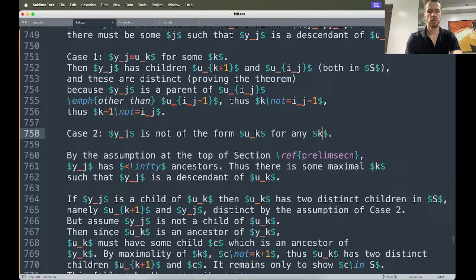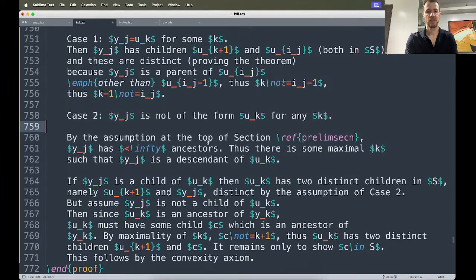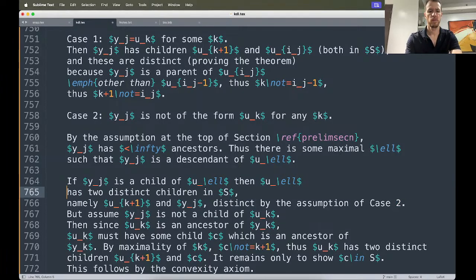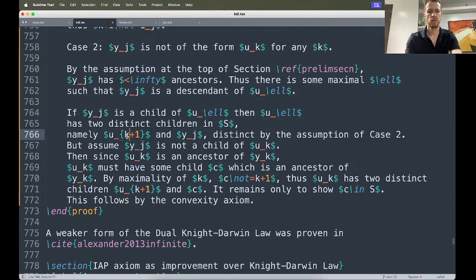But then that means the k in case 2 will make that the l. Changing k's to l's here.